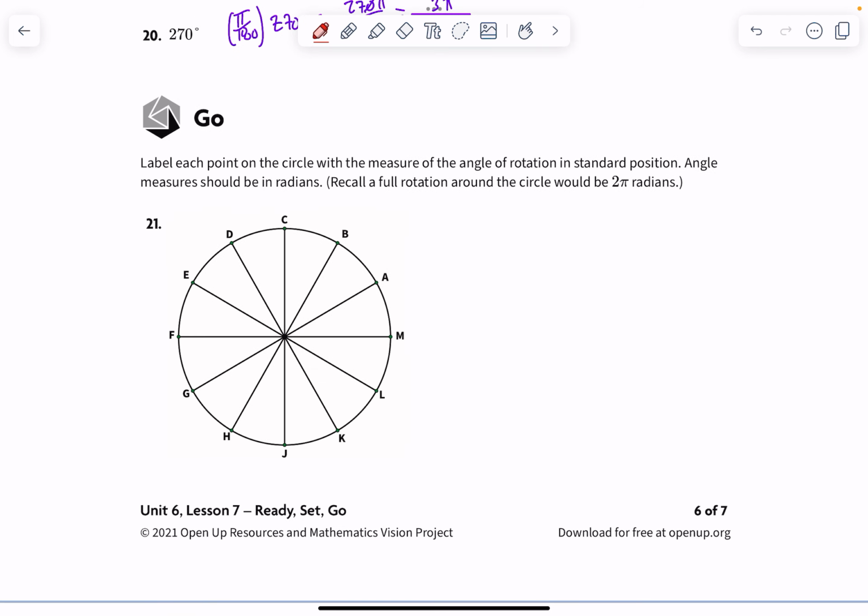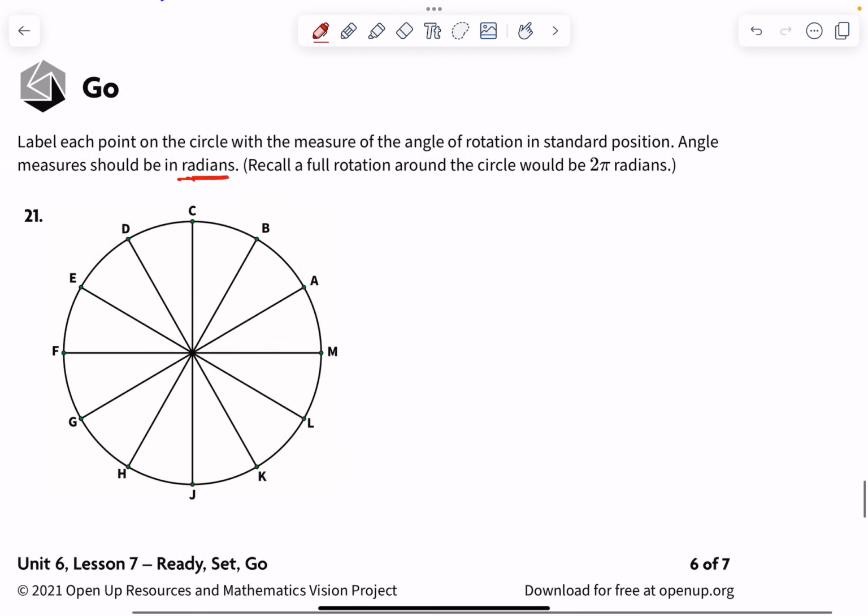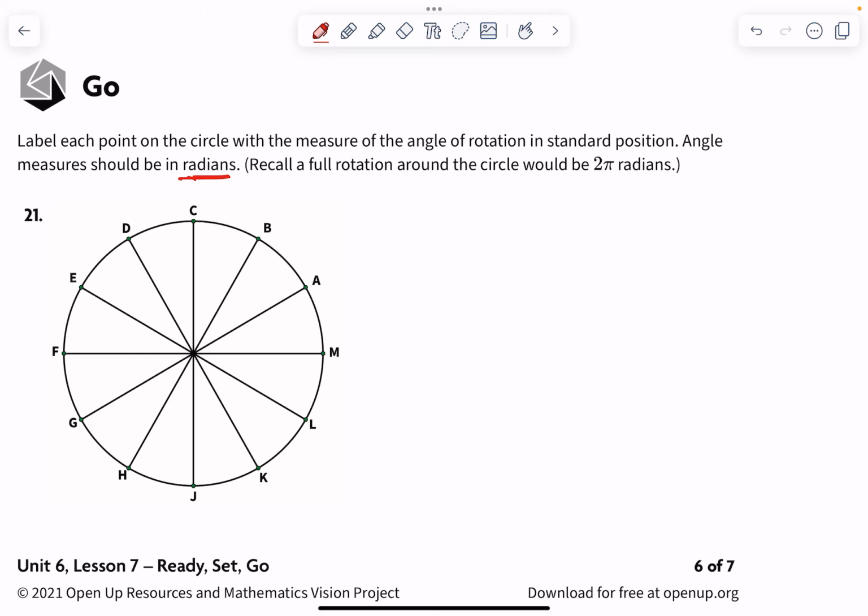Okay, so label each point on the circle with the measure of the angle of rotation in standard position. Angle measures should be in radians. Again, a full rotation around the circle is 2 pi radians.